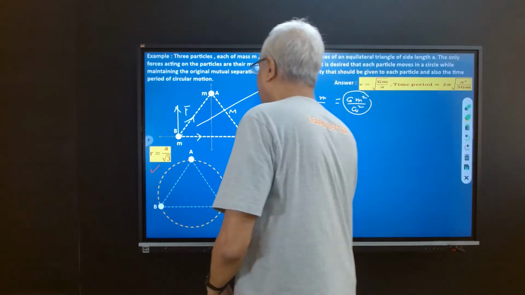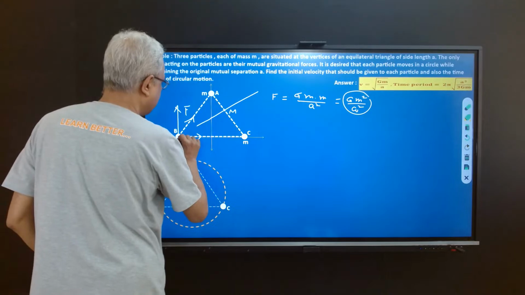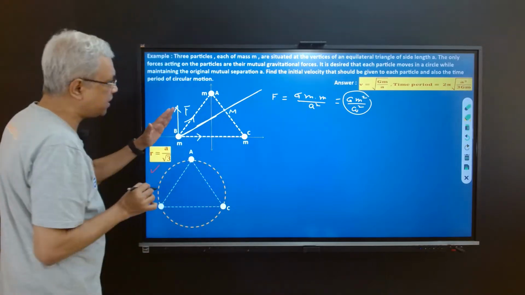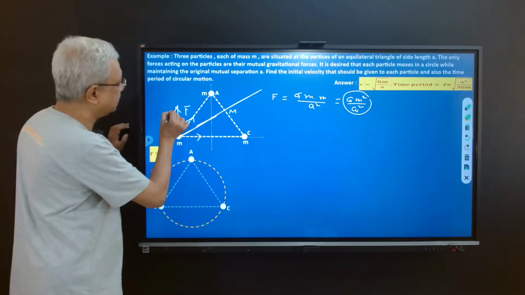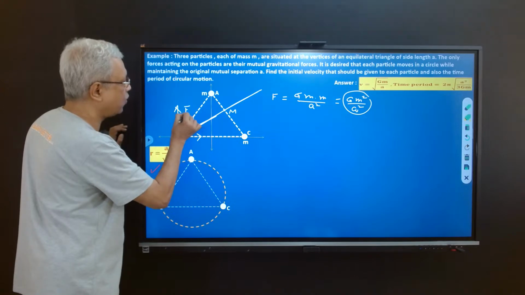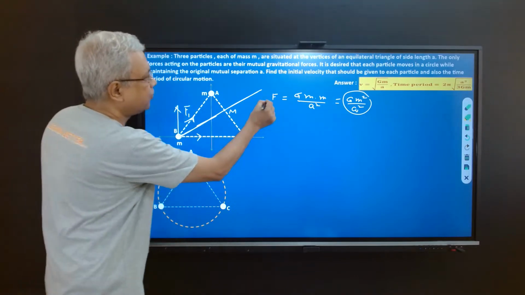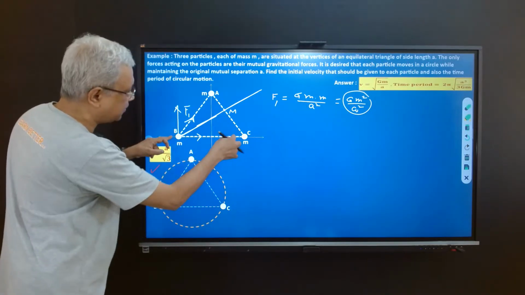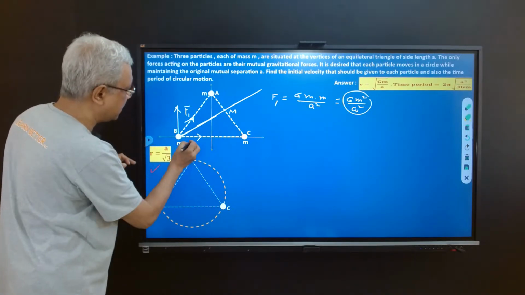Why I am taking the component along this, we are trying to explain. So on B, how many forces are working? This is F1, which is G m square by a square. Another force B experiences is due to the presence of C in this direction.